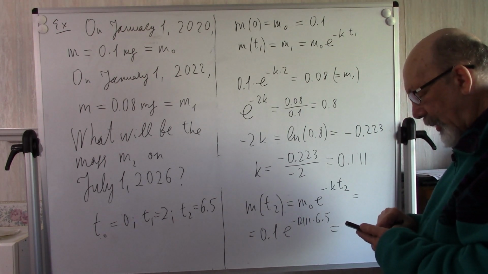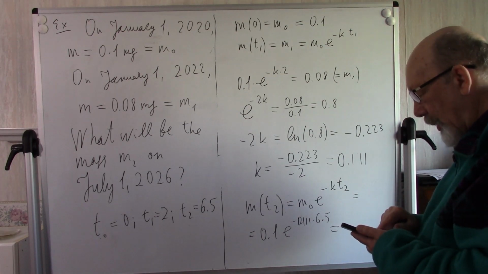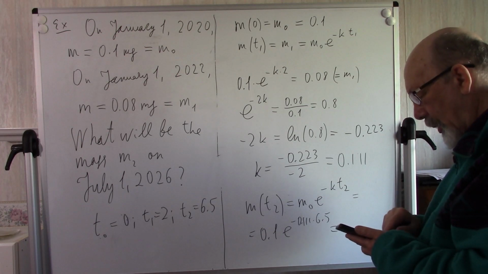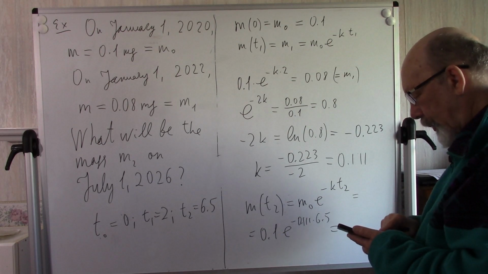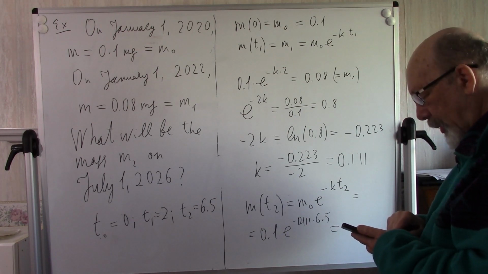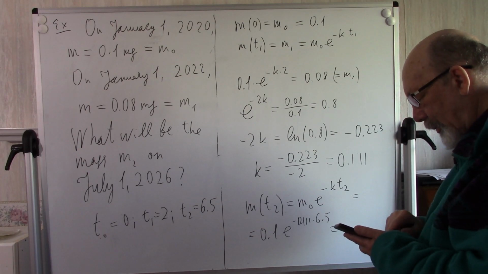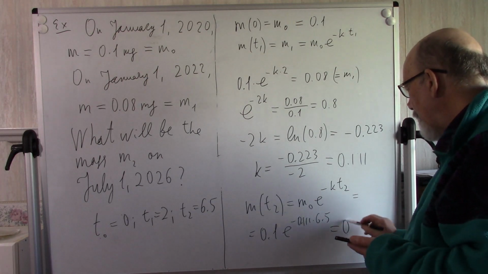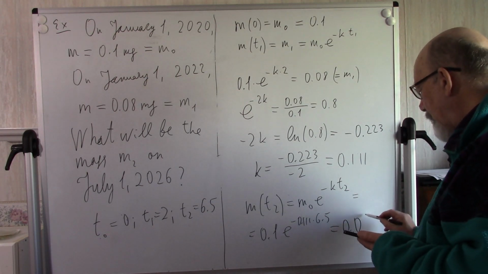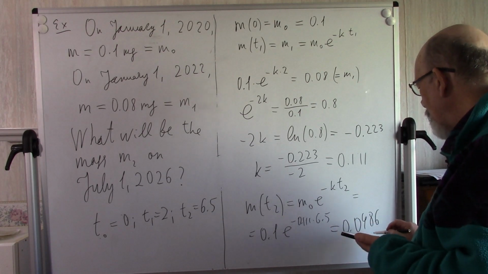So it is 0.1 times e to the power minus 0.111 times 6.5, which is equal to 0.0486.